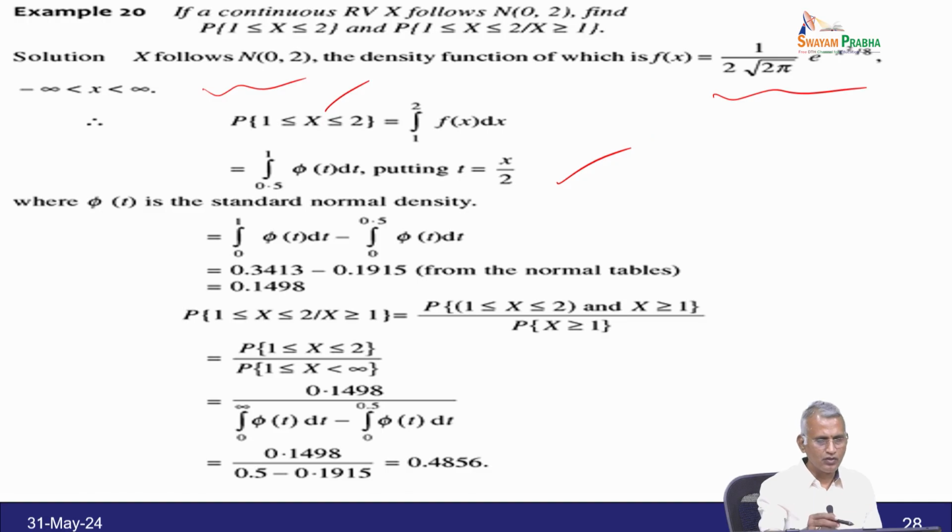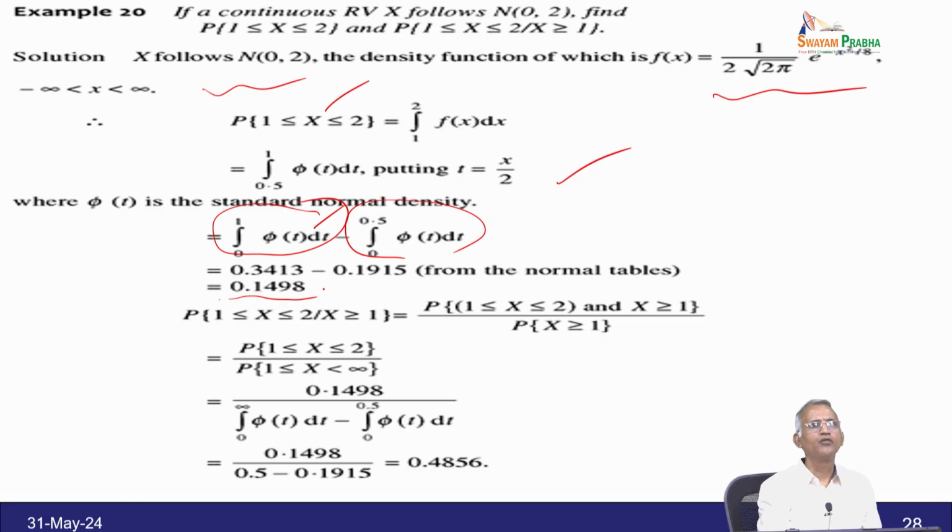Then the integral from 0 to 1 of phi(t) dt minus the integral from 0 to 0.5 of phi(t) dt. The value of this one is 0.3413 and the other value is 0.195, and according to the normal distribution table you can directly use this and subtract them.